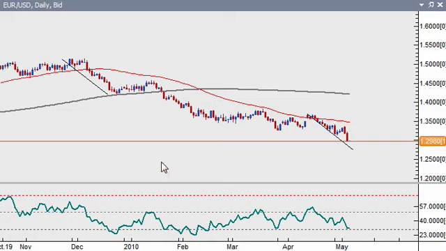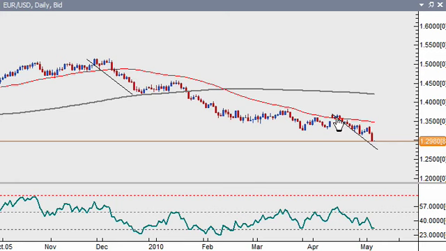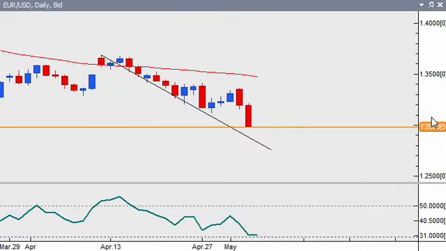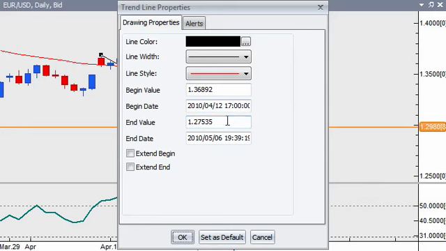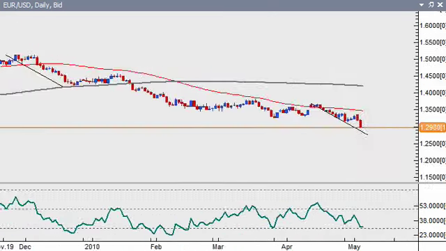Looking at the daily here, we see a possible, very likely impulse wave, and if we have wave 1 and wave 5 equality, here would be 1, 2, 3, 4, 5. Now 5 would bring us to around 1.2750. 1.2750 is this swing projection.